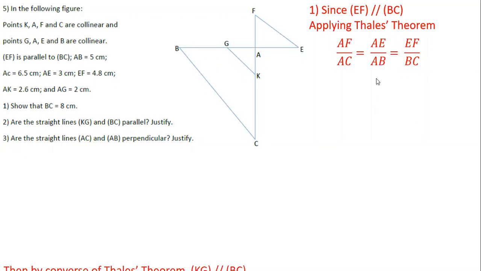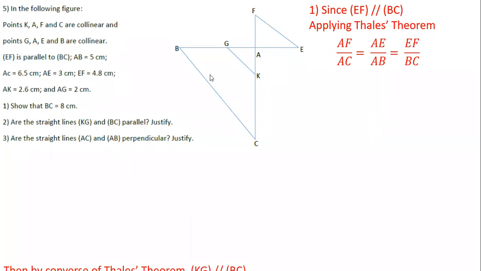So I ask myself, Reem, in which ratio do we have BC? The third ratio. So we take the third ratio. Let us decide which ratio we take with the third to calculate BC: AF over AC and EF over BC, or another? Why? Because we have the values.